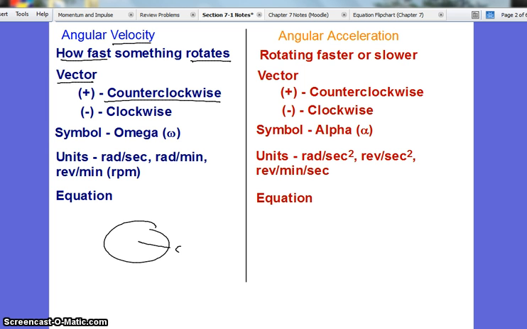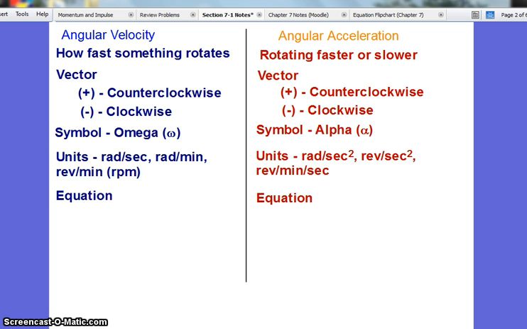When you did the unit circle in math class, you went 0, then pi over 2, then pi, then 3 pi over 2, and then finally got back to one complete revolution, which was 2 pi radians. And so again, counterclockwise is positive, same as in your math class. Clockwise is a negative value.